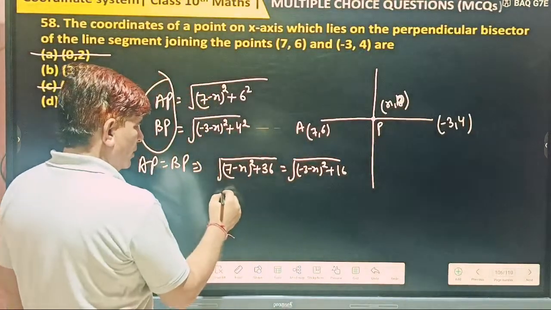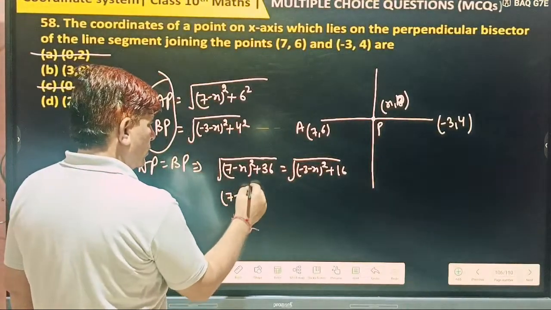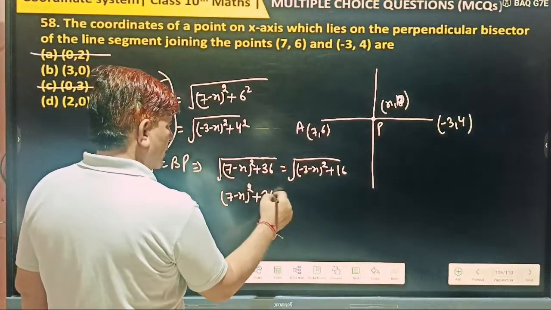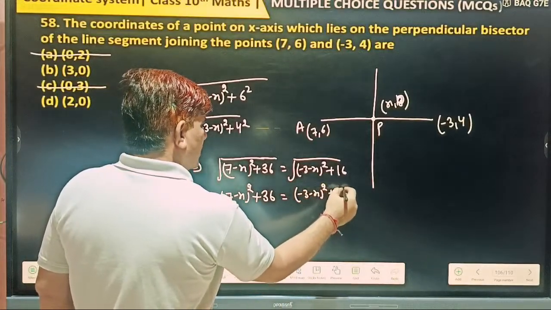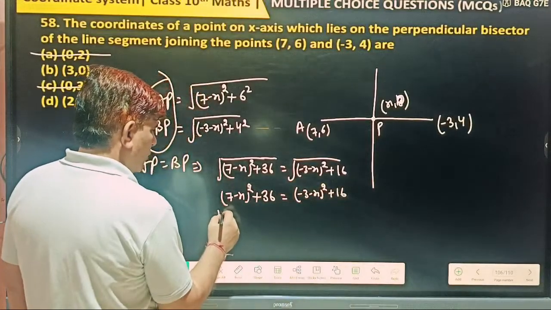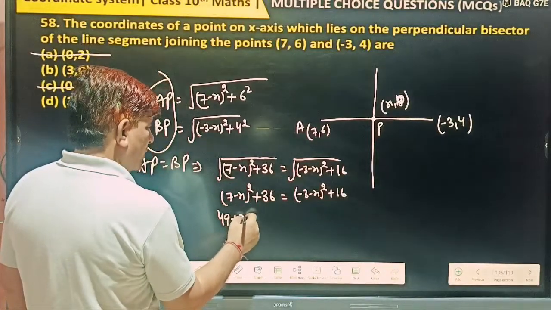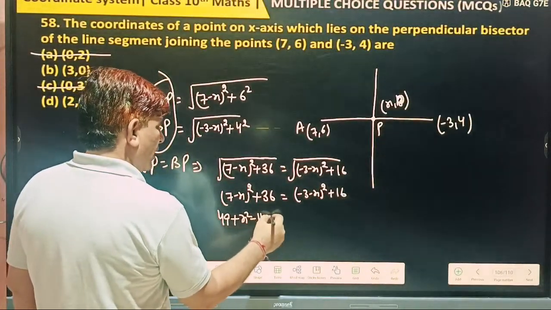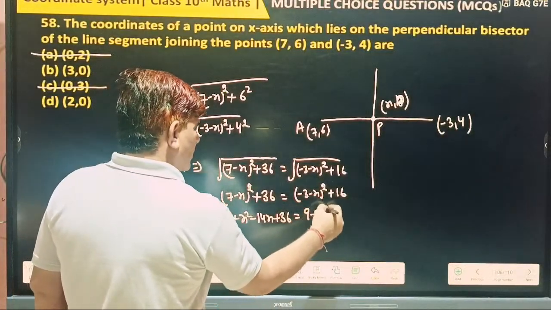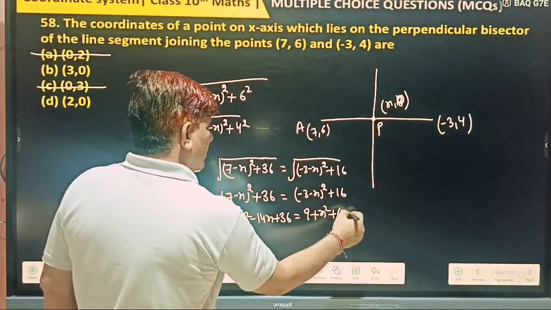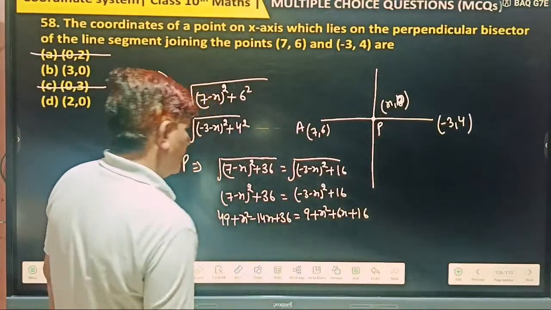Squaring both sides: (7 minus x) whole square plus 36 is equal to (minus 3 minus x) whole square plus 16. Solve it: 49 plus x square minus 14x plus 36 is equal to 9 plus x square plus 6x plus 16.